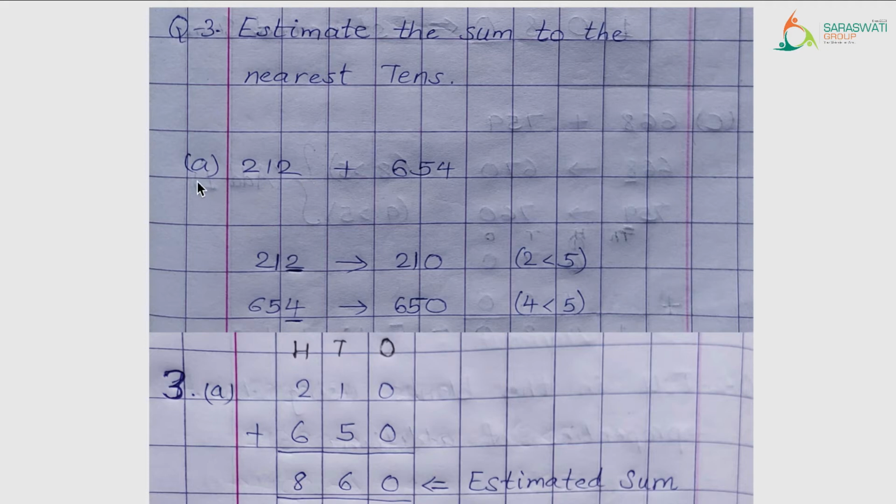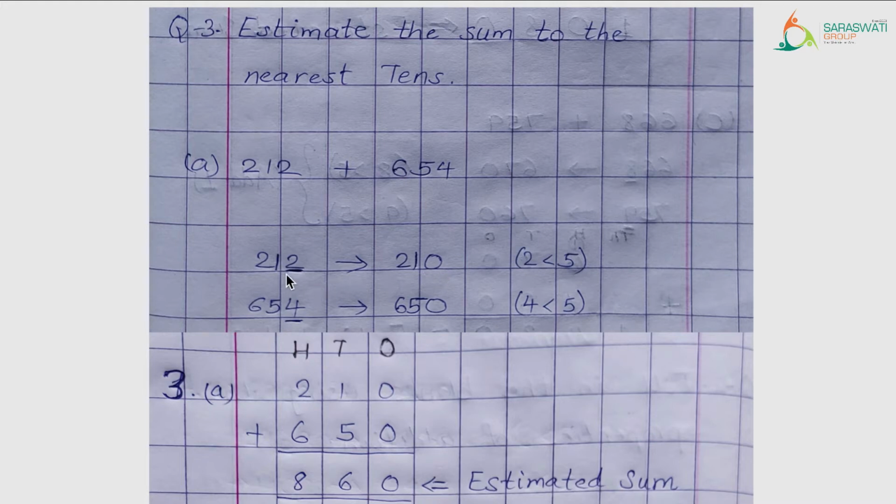So A: 212 add 654. So students, here we have to compare the ones digit, the last digit, with 5. In the number 212, we have digit 2 in the ones place and 2 is less than 5. So first of all, we will replace the ones digit with 0, because we are rounding off to the nearest tens, right?